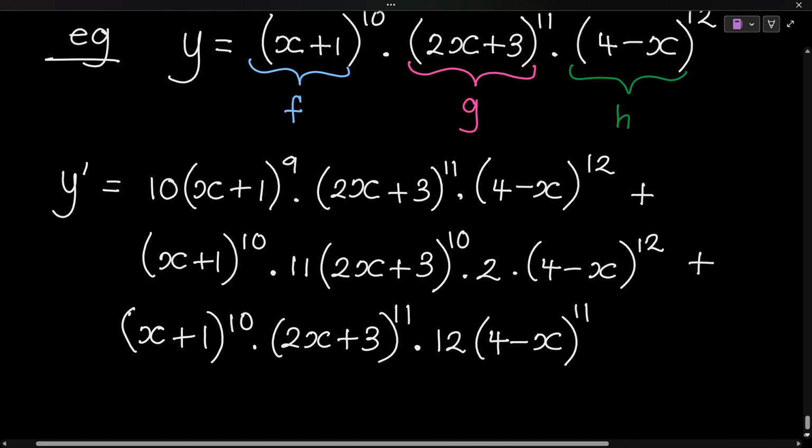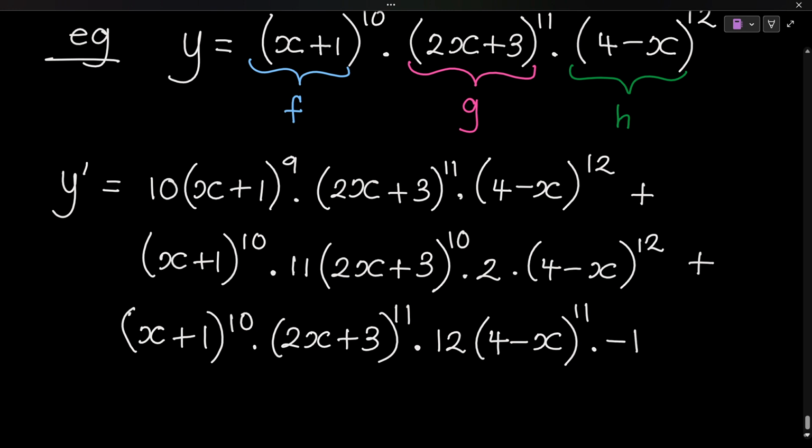So for this function as well, we need to apply the chain rule. We've differentiated outside the bracket. We are now going to differentiate inside the bracket. The derivative of 4 is 0. The derivative of negative x is negative 1. So just remember that for these two functions, that is where the chain rule was applied.